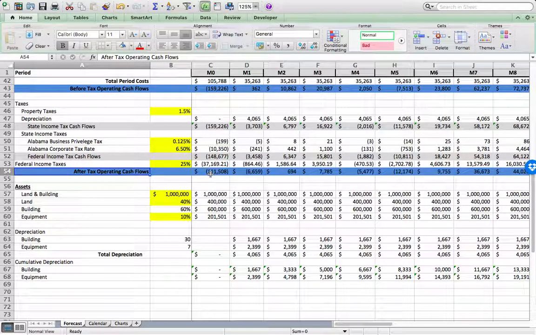So again, you've got this one big after-tax operating cash flow at the beginning, $111,000, and then you've got some others after that that are positive. I mean, here you're still negative because of the taxes. Let's look at that. You were 362.